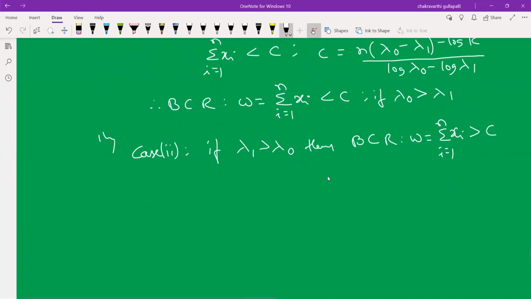Once the BCR is obtained, you can find out alpha and beta and also 1 minus beta.